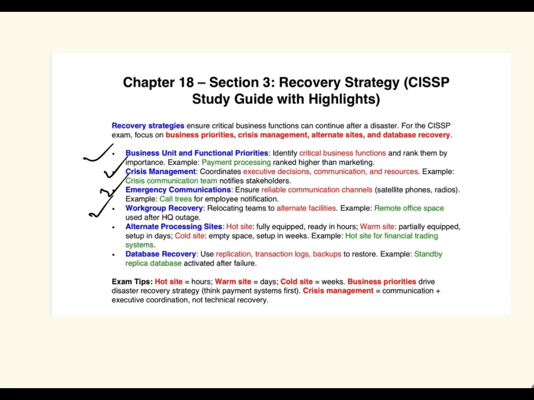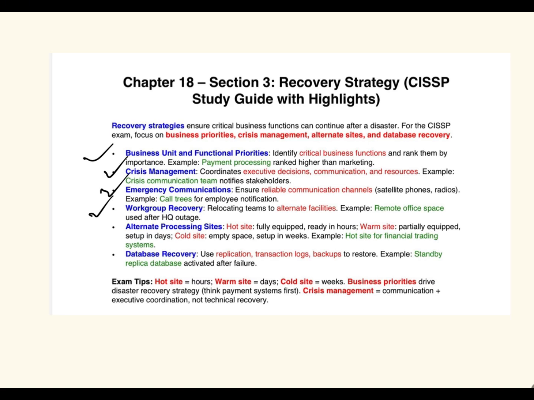These things are planned beforehand, not done during the problem or issue. Examples: a remote office space used after headquarters outages, a temporary co-working facility for a displaced staff group. These are strategies a company prepares during normal time, not during issues.